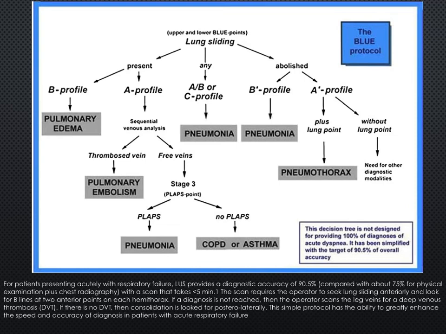This is more of a basic or condensed version of the Blue protocol, which starts obviously with the pleural line as a starting point, because we know that all of our artifacts and our landmarks are generated from that pleural line and that pleural sliding.